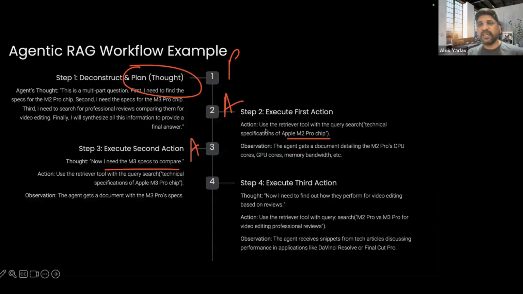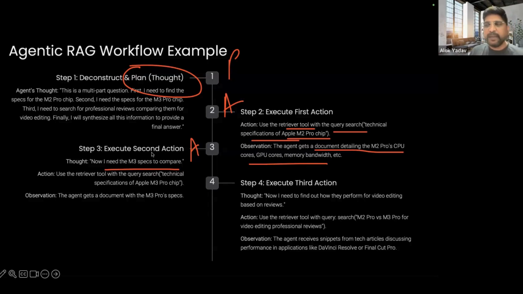Here we are using the retrieval tool to query the technical specification of the M2 Pro chip. The observation would be that the agent gets all the detailed information about the M2 GPU, CPU, memory, everything.